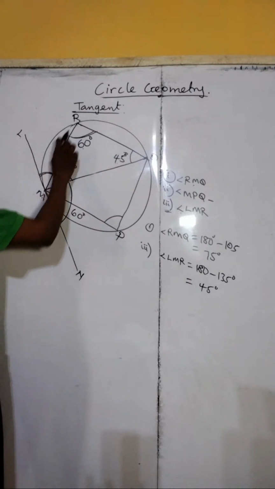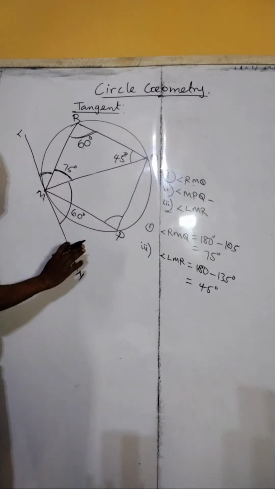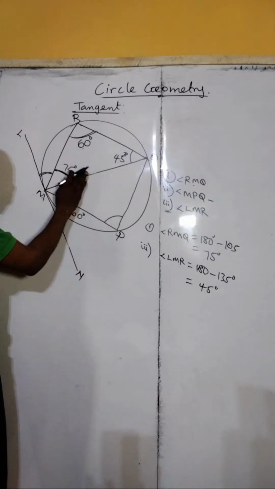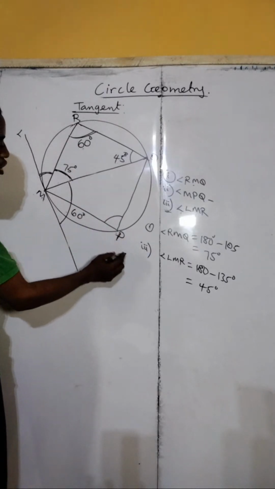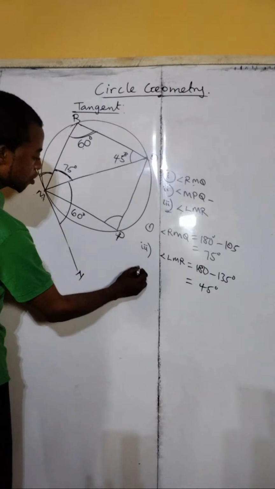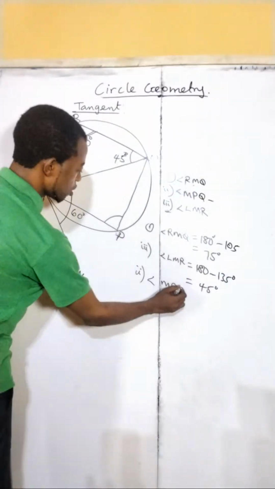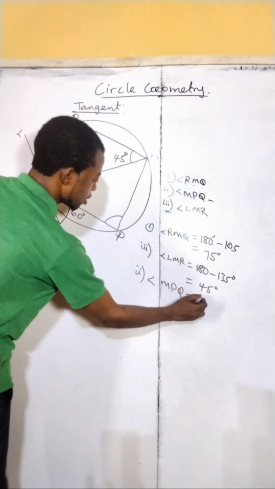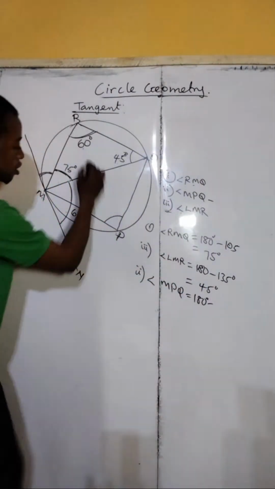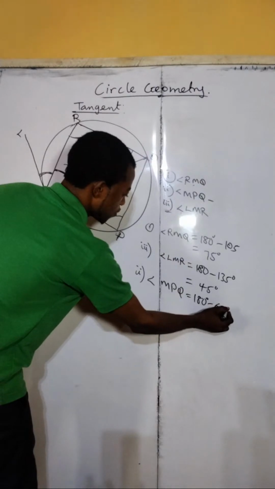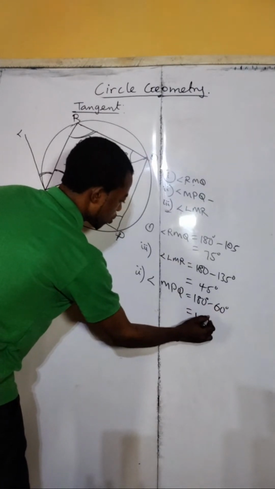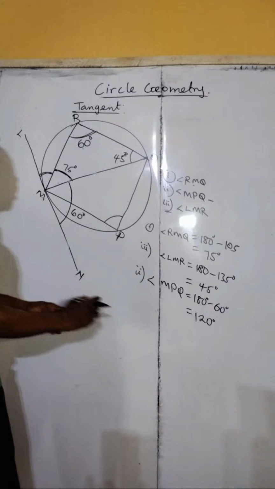We have MRQP, a cyclic quadrilateral, and these are facing each other, opposite angles of a cyclic quadrilateral. That means, number 2, angle MPQ is equal to 180 degrees minus 60 degrees, which gives us 120 degrees. Opposite angles of a cyclic quadrilateral add up to 180 degrees.